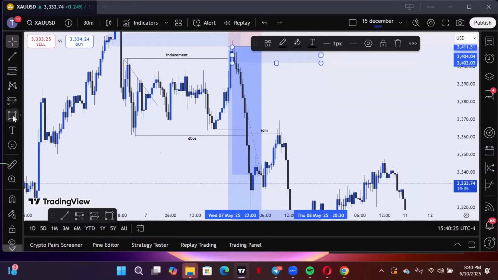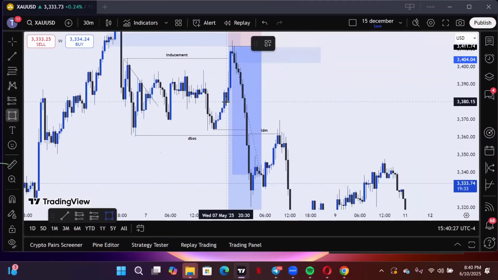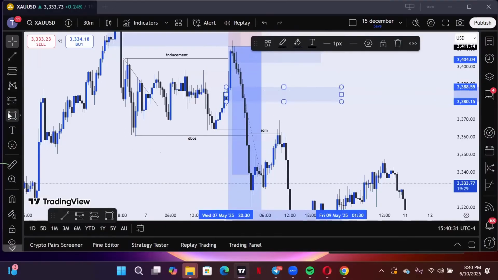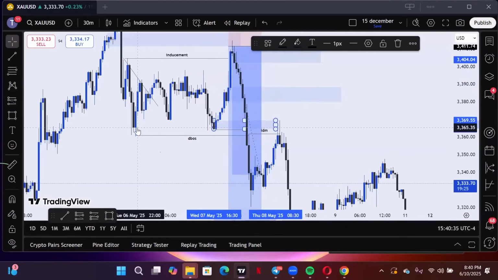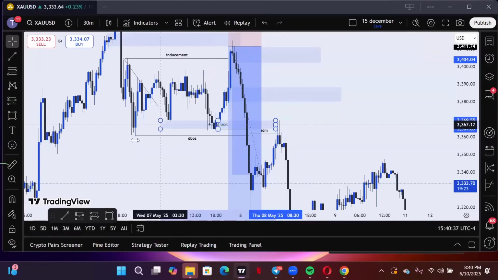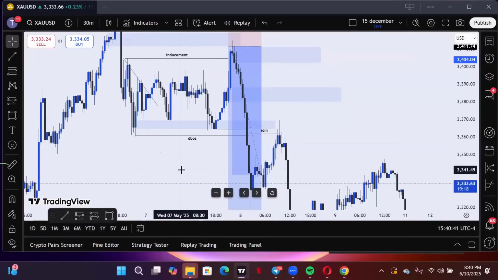But the one to pick actually is what? The one that follows all these rules correctly. So now we have this, and we also have what? This breaker block here. In fact, we also have a breaker block here, but this breaker and this one are actually on the same line here. Basically, they're the same. So now we have 3 POIs here, possible POIs that we can use. Are you guys following me?